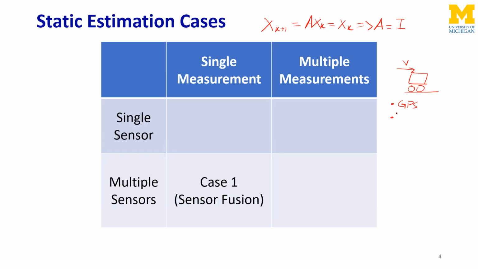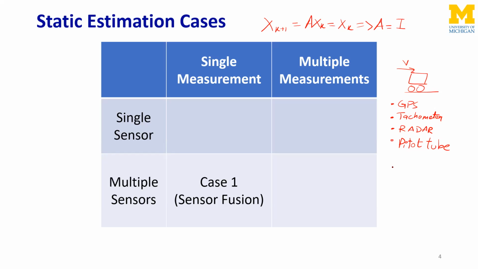You can use the tachometer of the car, or I don't know, you can use radar somehow. You can use all these different types of sensors. Oh, pitot tube, yeah. You can use a pitot tube, use some fluid dynamics to get the velocity of this vehicle. So these are different types of sensors that you can have.